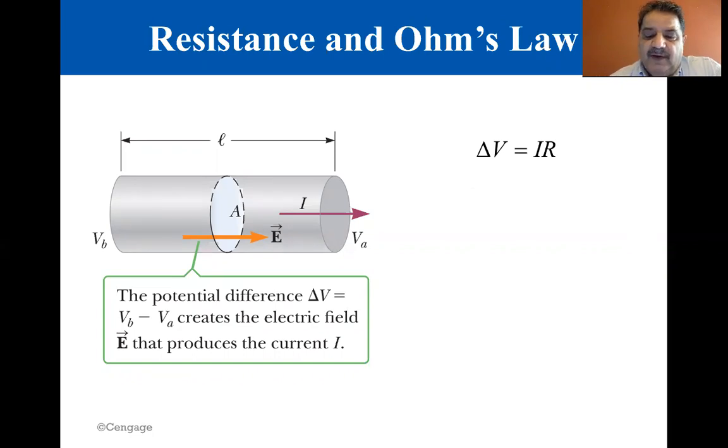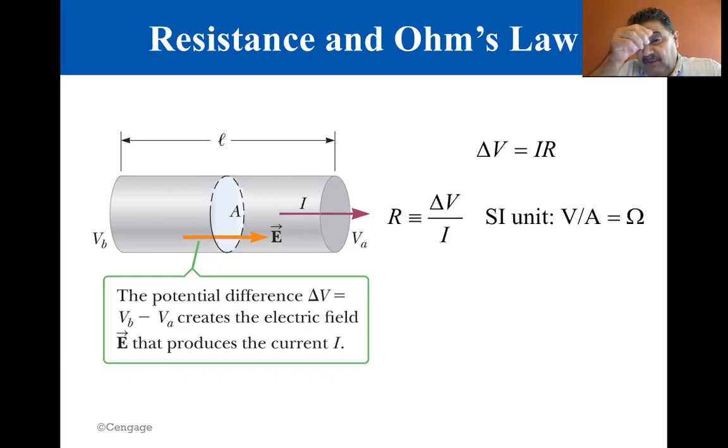In fact, we define resistance as the ratio of the voltage across the conductor to the current it carries. R is defined as delta V over I, and the units of resistance is volts over amps, but we call it ohms. That's the capital letter omega. The resistance is in ohms.